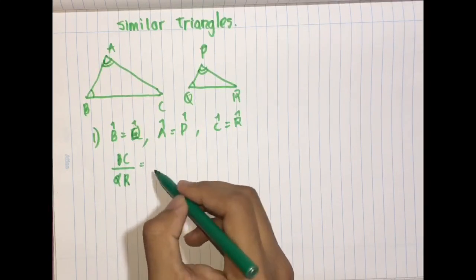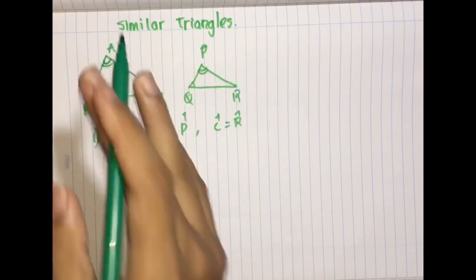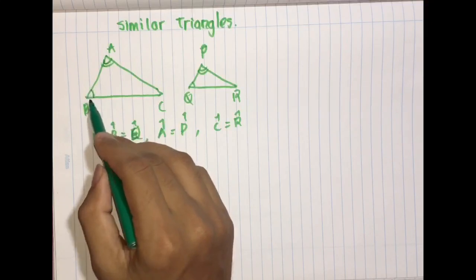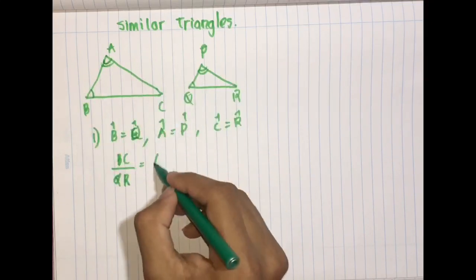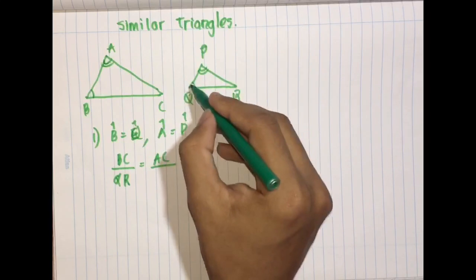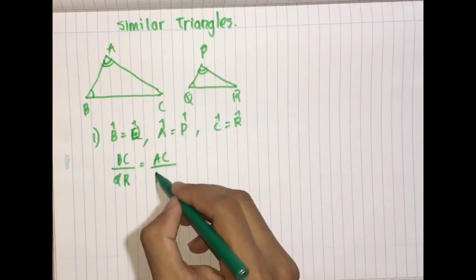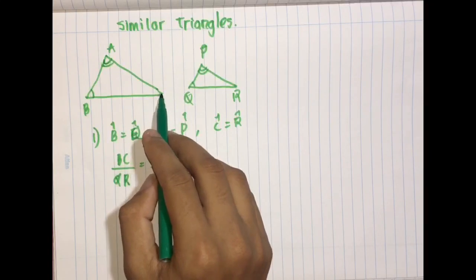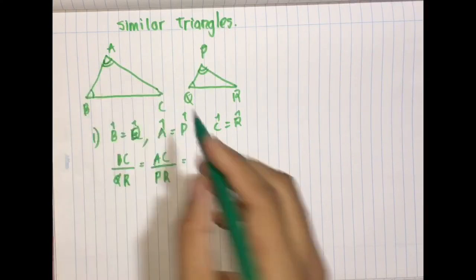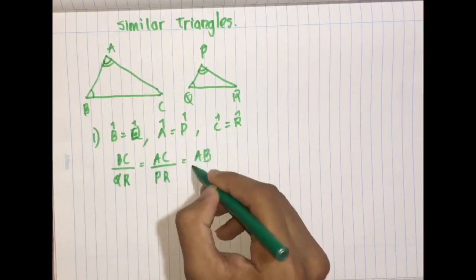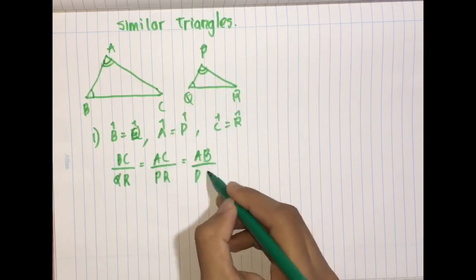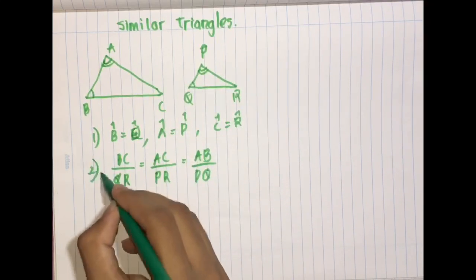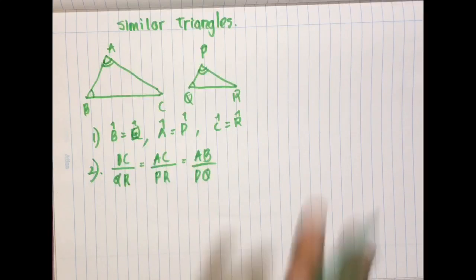That should be equal to, take another angle, this single angle: the side opposite to it is AC over PR. Also equal to, for the unmarked angle, the opposite side AB over PQ.